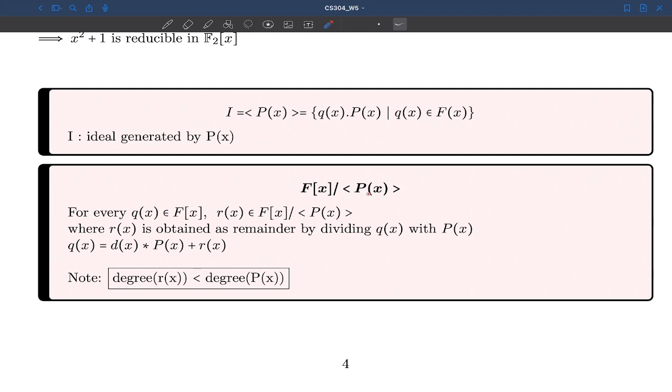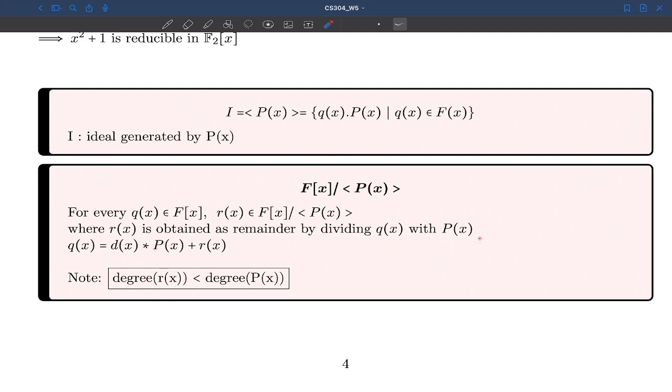So I divide every other polynomial with that polynomial, and whatever remainders I'm getting, I will store those remainders in a different set, and that set will be this set, F[x] over p(x). So you can see for every q(x) belonging to F[x], I'll get an r(x), which I get on dividing q(x) with p(x). Okay, so r(x) is the remainder obtained by dividing q(x), which is in F[x], with p(x).